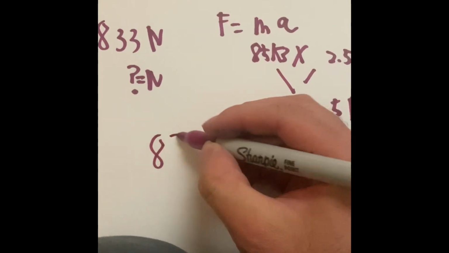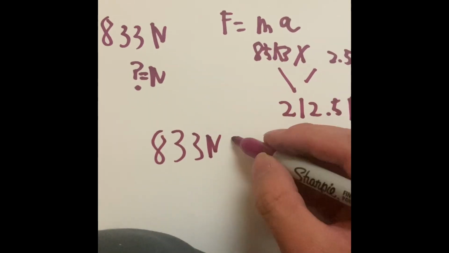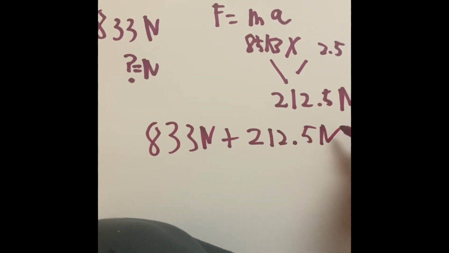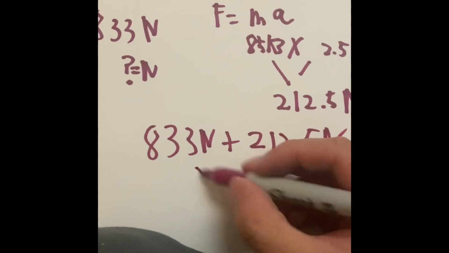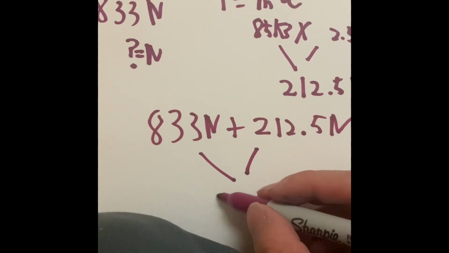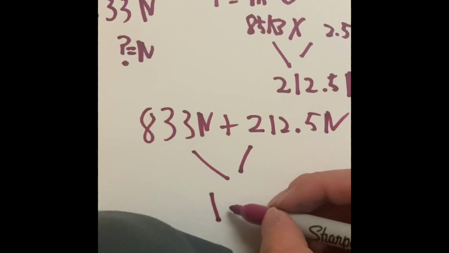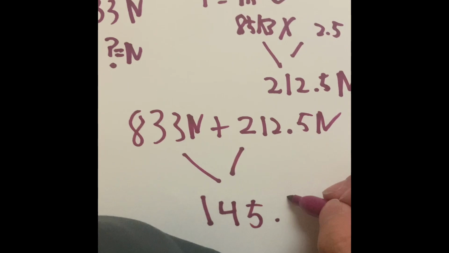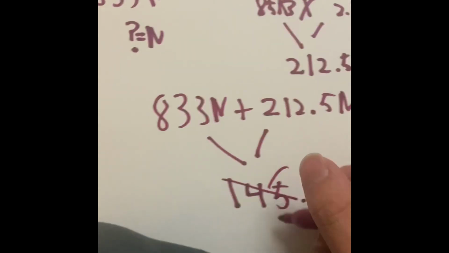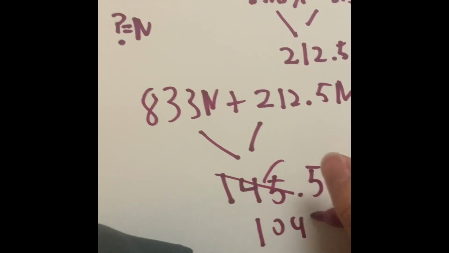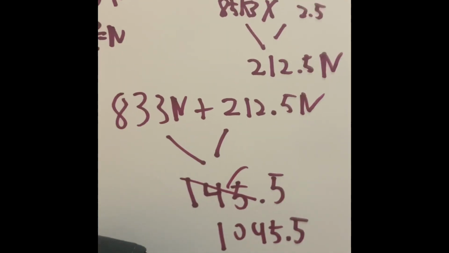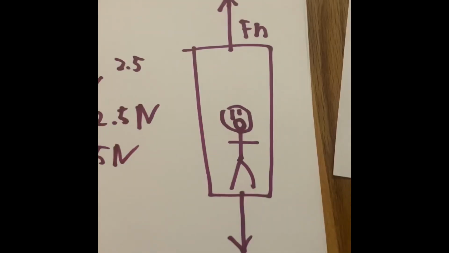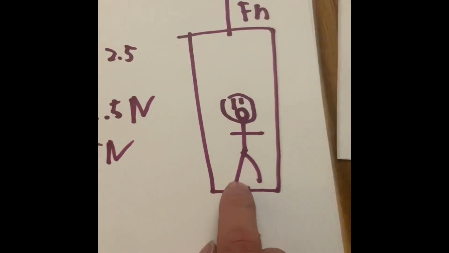So the man's weight in newtons plus the weight added because of the jerk or the acceleration of the elevator, that's going to bring me to 1,045.5 newtons. And that is the amount of newtons that is going to be temporarily impacting on the floor when the elevator accelerates upward.